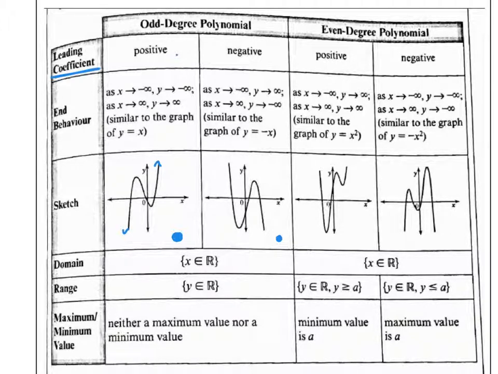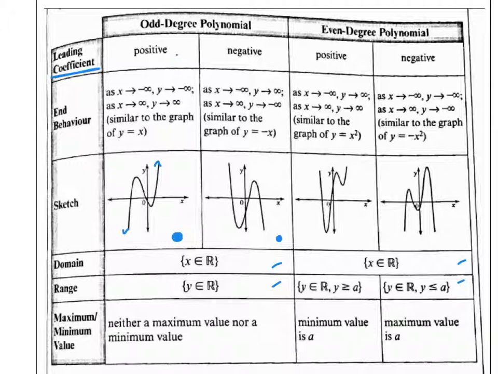I also want you to note the domain and range for each of them. For any odd degree polynomial, the domain is x is in the real set of numbers, because it can be anything, and the y is in the real set of numbers because it can also be anything.